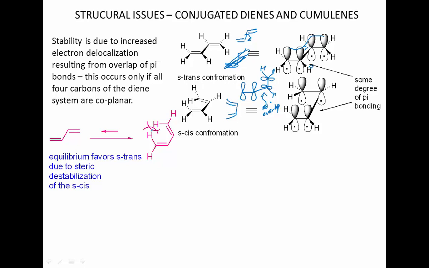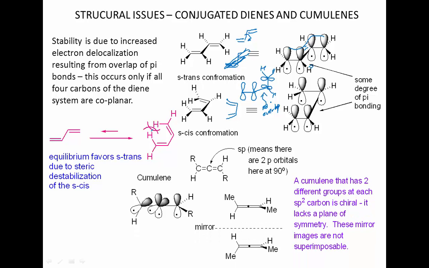Okay, let's look at a structural issue with our other unique type of diene arrangement. That's the cumulene system here. All right, and we've discussed this. I guess you probably considered it back in Chapter 2. These were the ones you probably call the trick questions on the quiz.